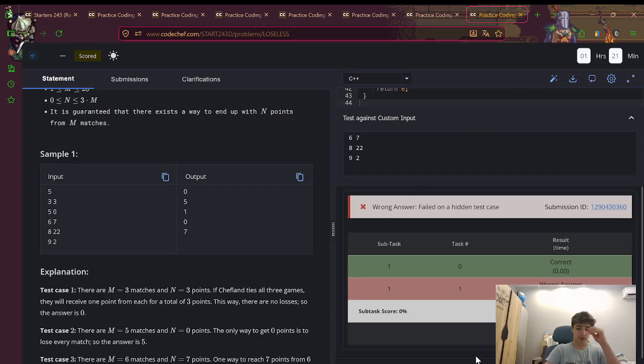Example 8 and 10. I expect 0 losses. Okay, let's check. For example, I did one win and it's already 7 and 7, then all of them are rows. Okay, for example, I check b equal to a plus 3.